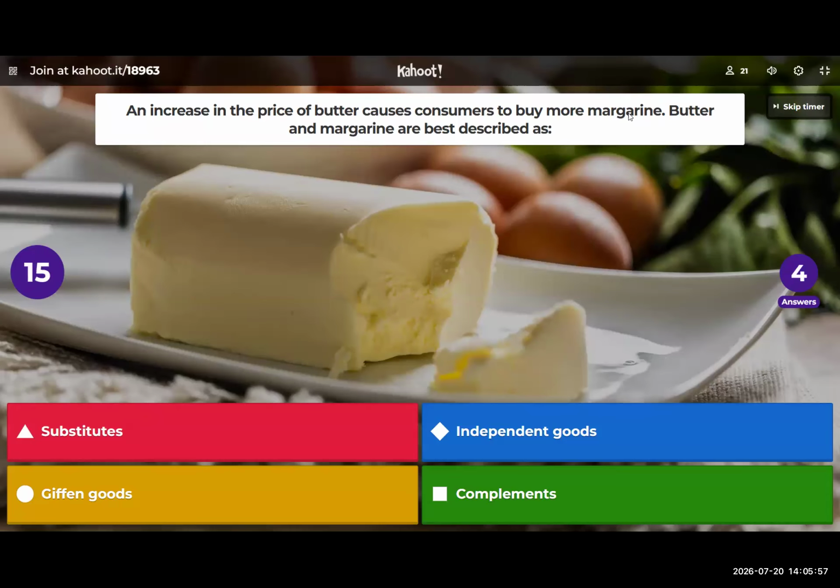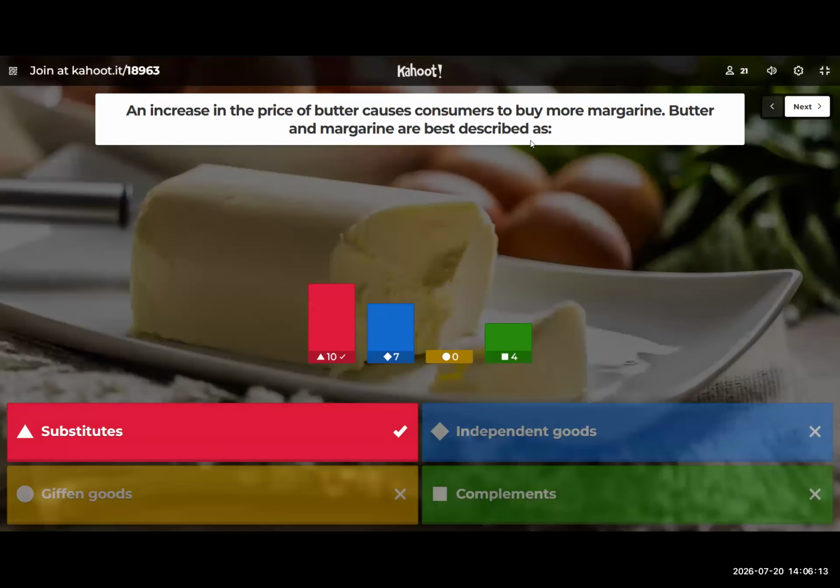Margarine, what is margarine? If you know this word, you can do this question. Yes, human-made, another kind of butter. So margarine is human-made from vegetable oil, okay, not from the animal. So they are substitutes.